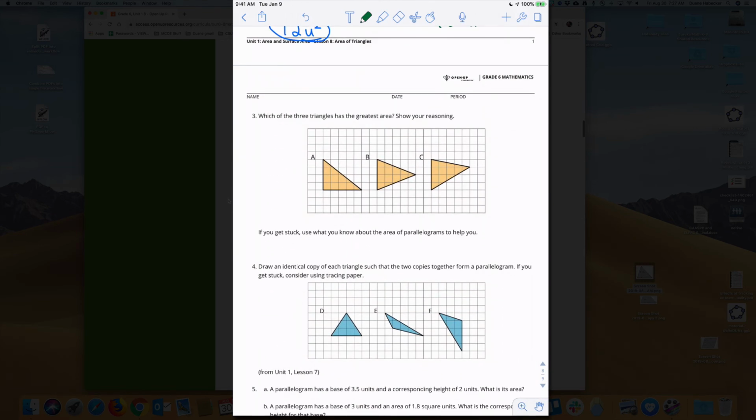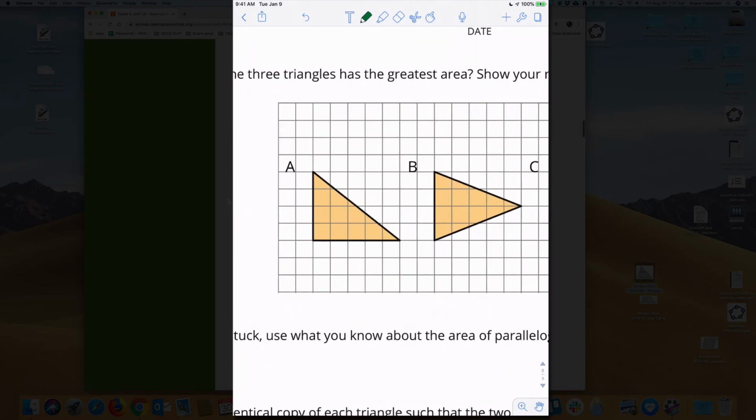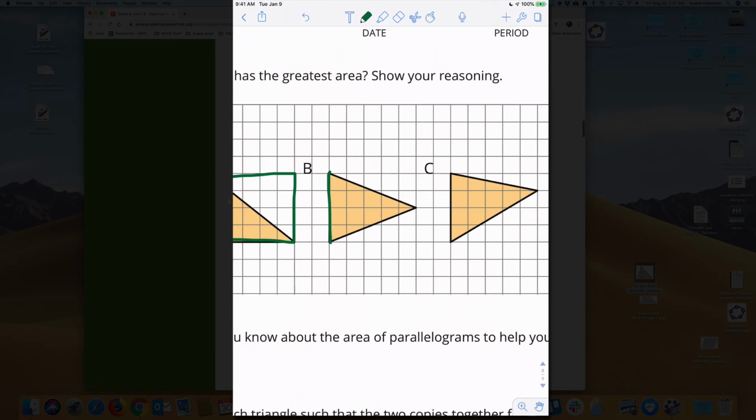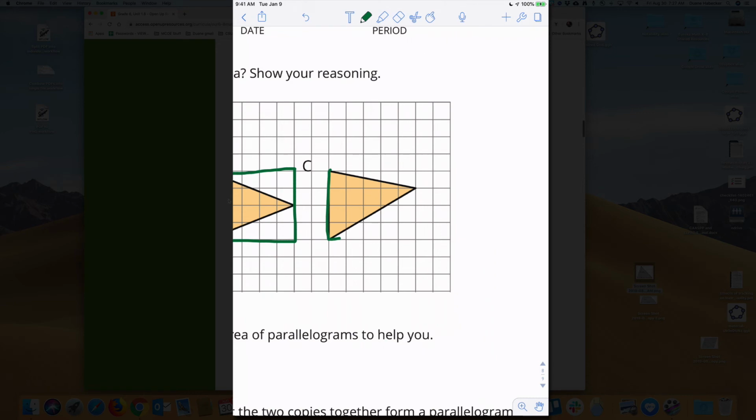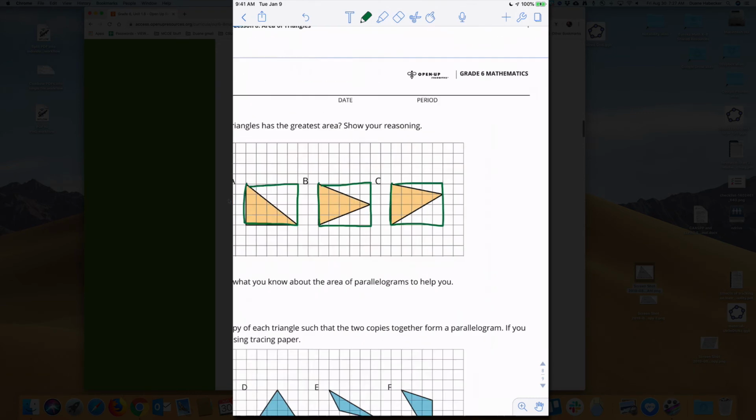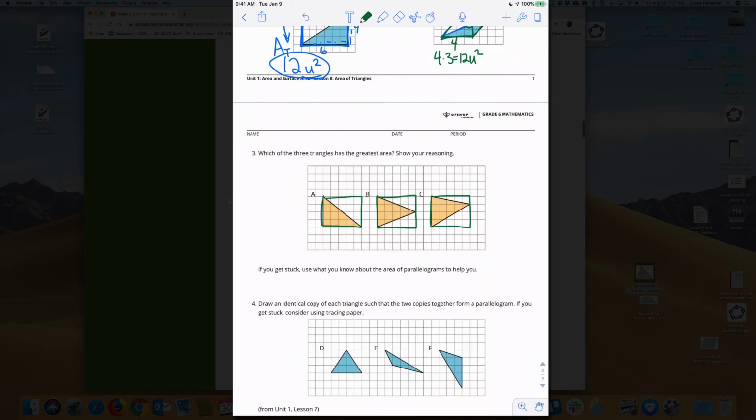Which of the 3 triangles has the greatest area? Show your reasoning. So basically, parents and teachers, we have to find the area of each of these triangles using whatever techniques we want. Although I just kind of gave you some insight.